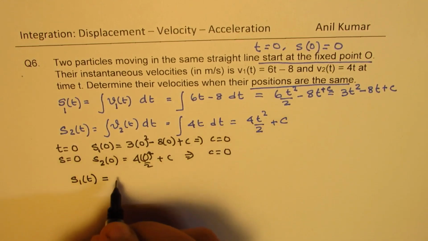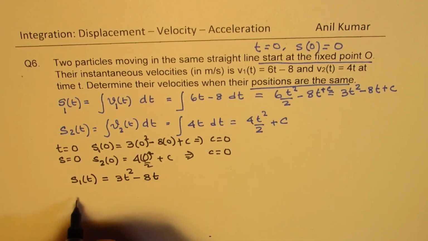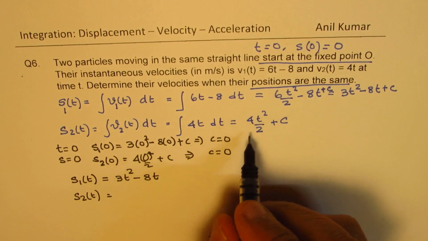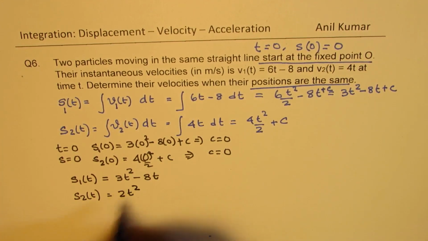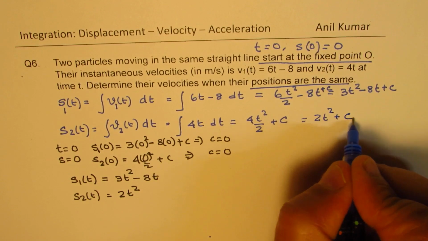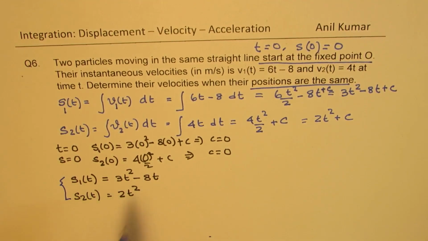The displacement is 3t squared minus 8t, and for the second it is 4 divided by 2 is 2, so we can write this as 2t squared, right? So that is 2t squared. Okay, so we get these two displacement functions.